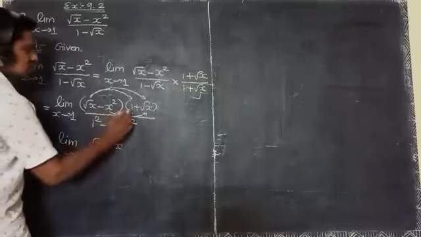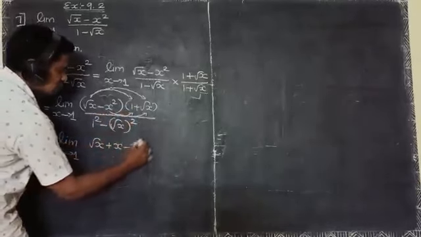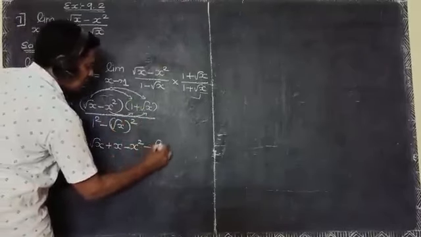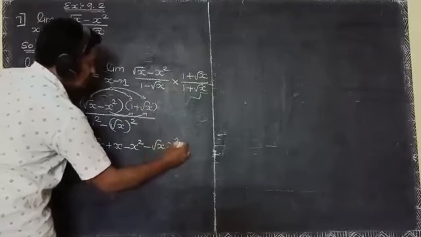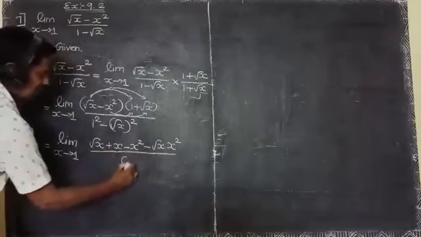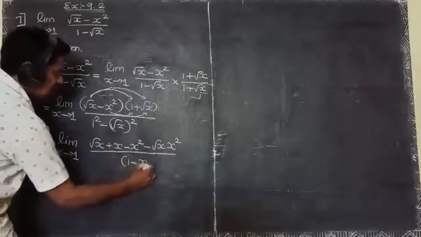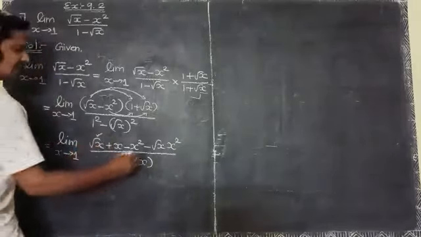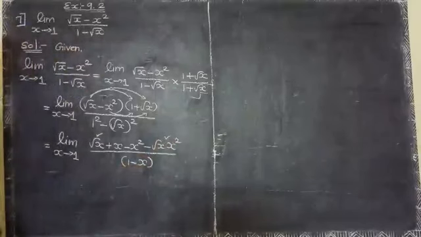Minus x square into 1 is minus x square. Minus x square into root x is minus root x into x square. Divided by the factor 1 minus x. Here simplify the corresponding terms.